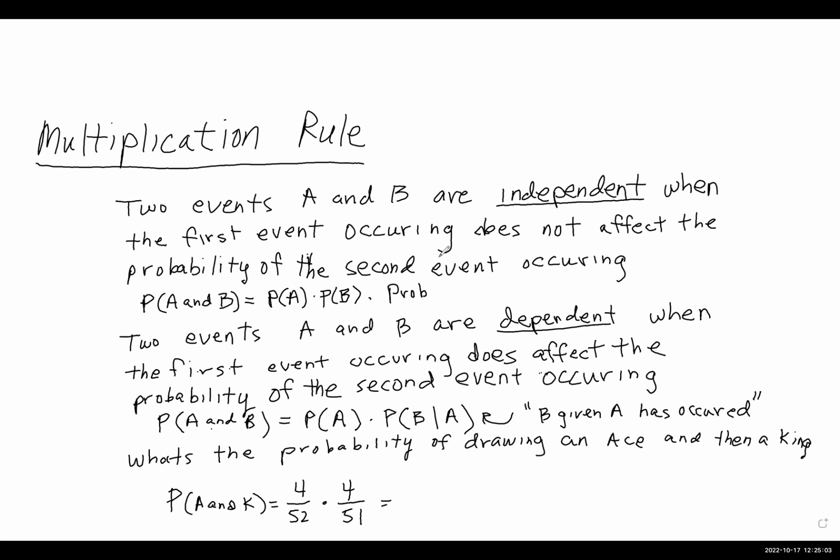I'm going to have to abbreviate a little bit. Probability of rolling a die, rolling a 3 and then a 6. Well, what's the probability of, let's see here, a 3 followed by a 6.